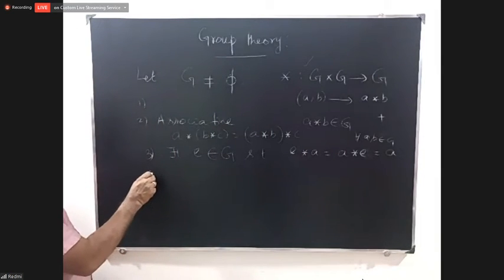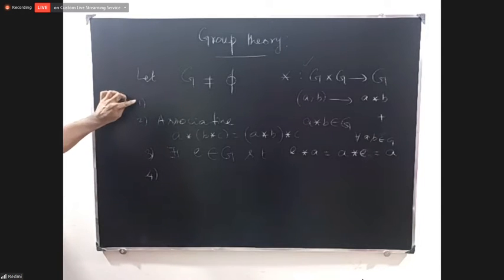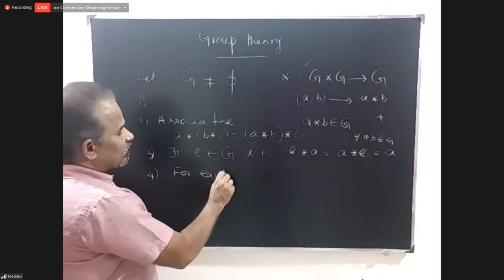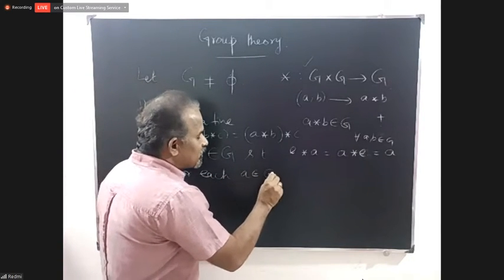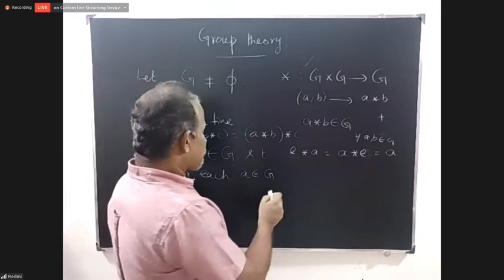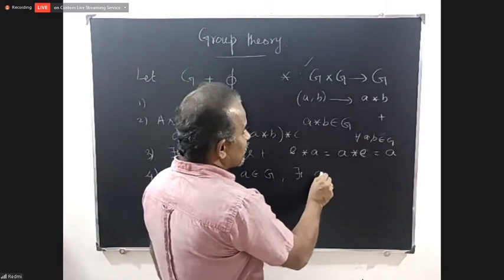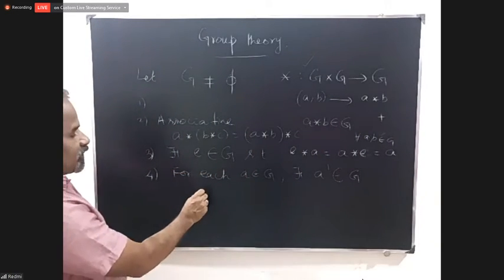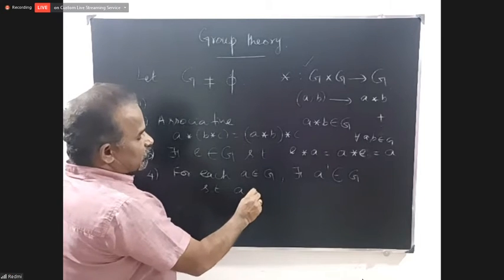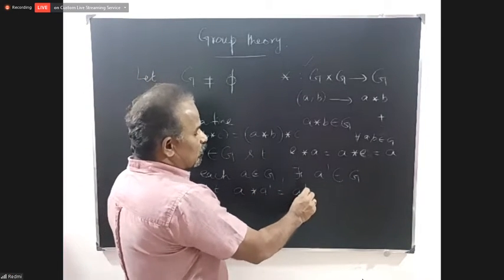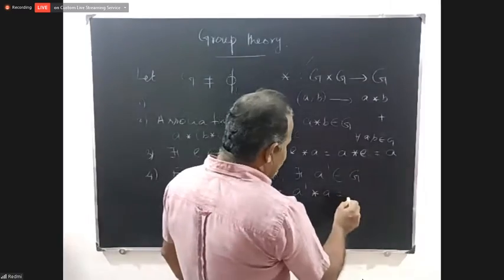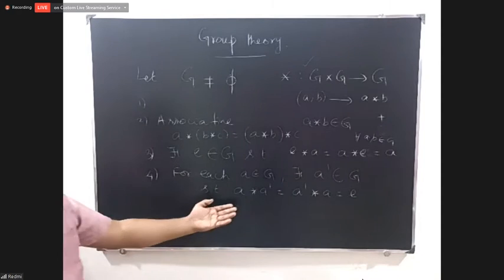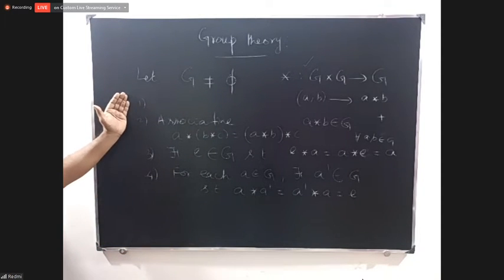Number 4: for each A in G, there exists A dash in G such that A star A dash is equal to A dash star A, which is equal to the identity.